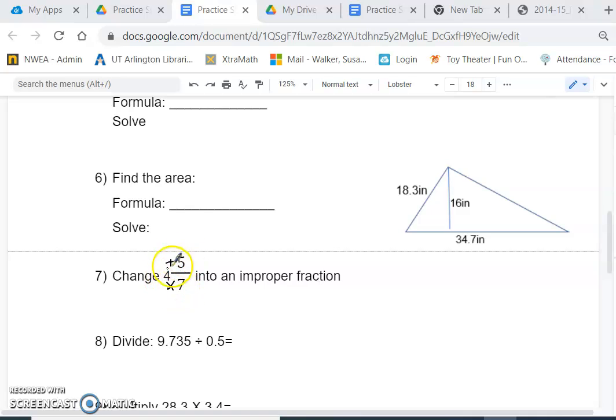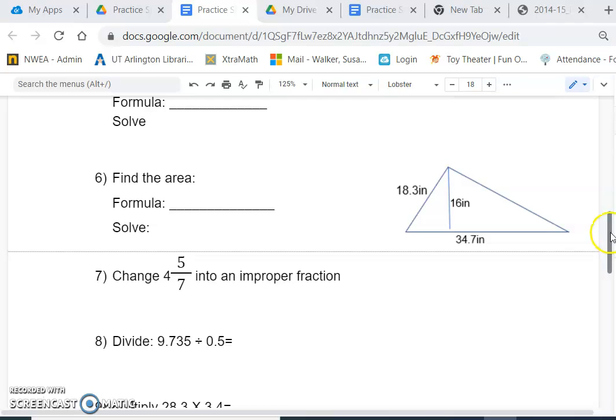Really, it's multiply and add. Okay? So we do 7 times 4. 7, 14, 21, 28. So 7 times 4 is 28. 28 plus 5. 33 over 7. That doesn't change. Remember, the denominator never changes.